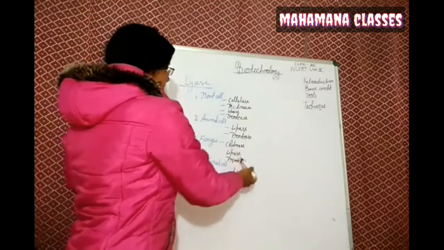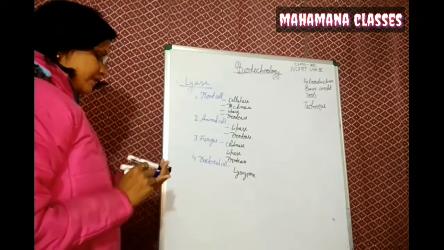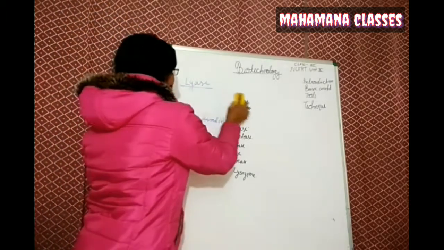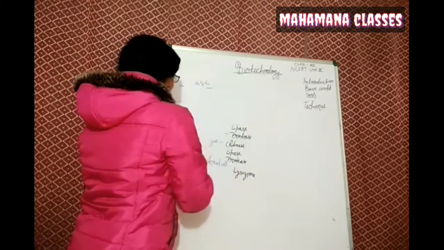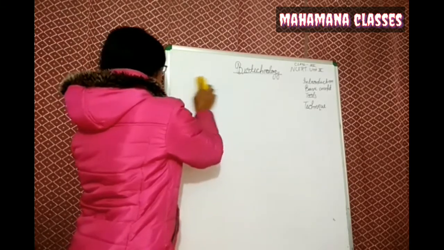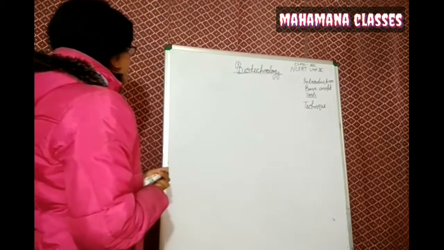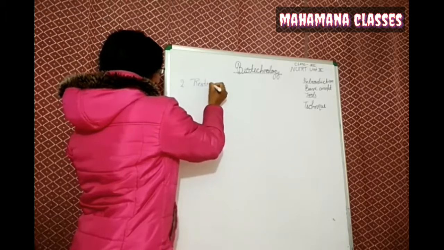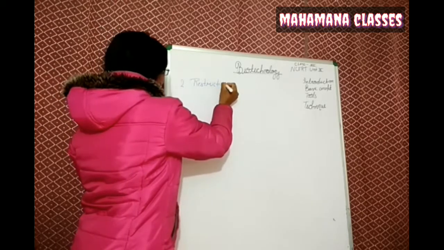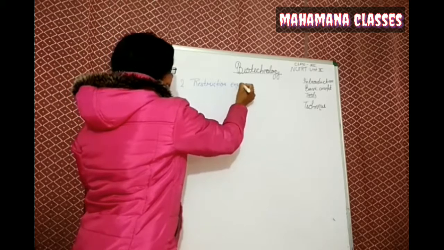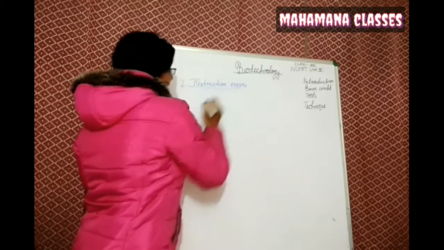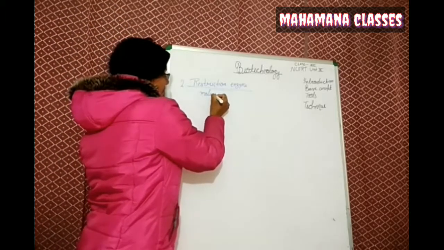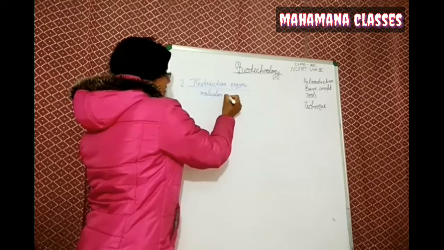So these are lyase enzymes. Then the second enzyme is the restriction enzyme. It is a very important enzyme. This restriction enzyme is also known as a molecular scissor, as I have told earlier.